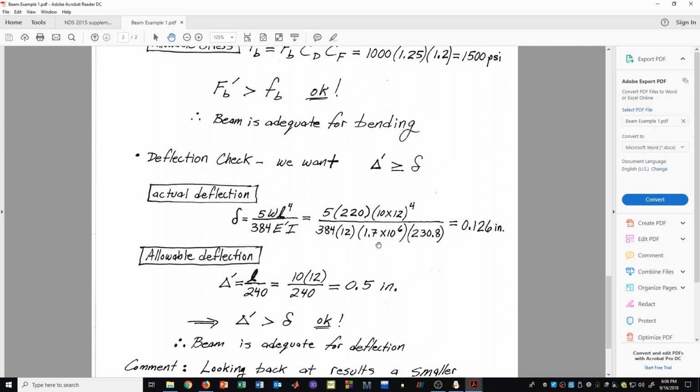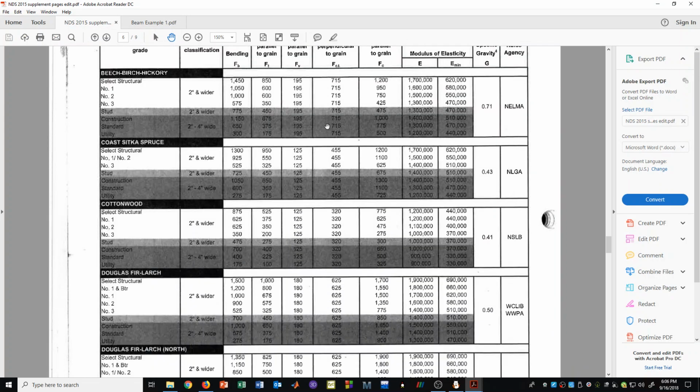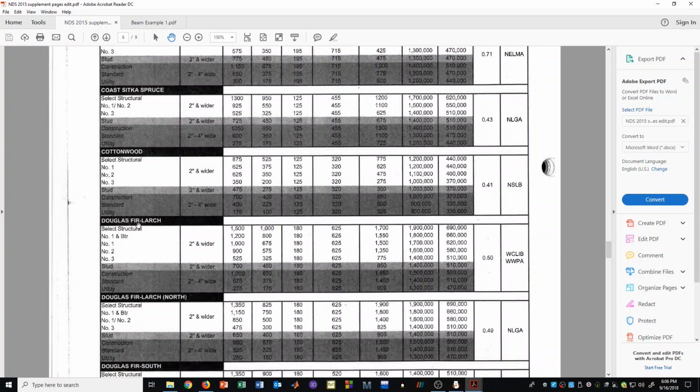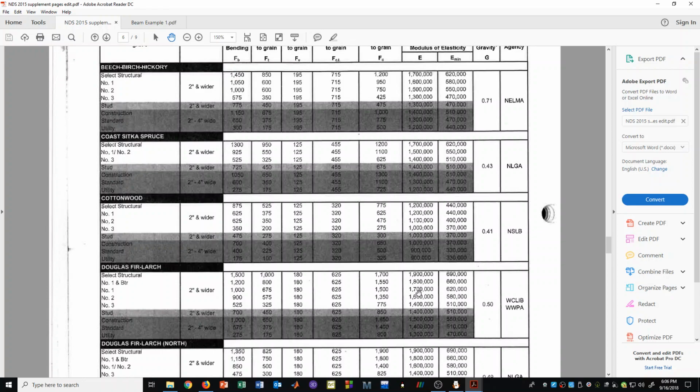We also have our modulus of elasticity, and we find that there are no adjustment factors in this case for the modulus of elasticity. And that 1.7 times 10 to the 6 value we get from the supplement. Let's take a look at where we got that value. Again, if we go to Douglas Fir and look at number 1 grade and go all the way across, we can see that this value here, 1.7 times 10 to the 6 psi, is our E value.